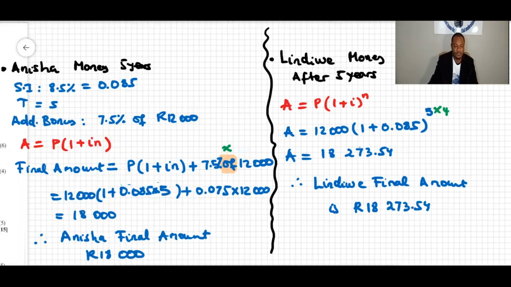Now, therefore, we'll say Lindiwe will have a larger final amount than Anisha.